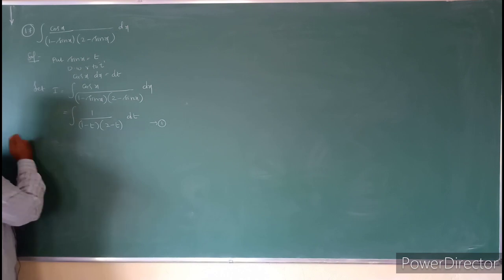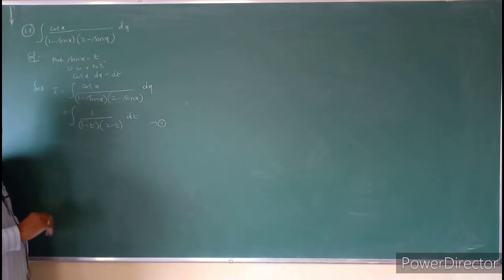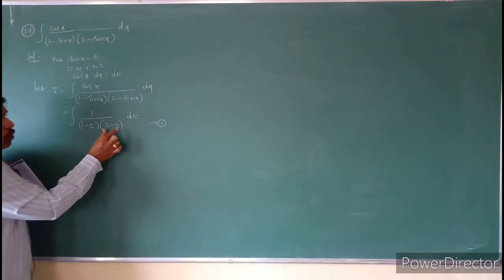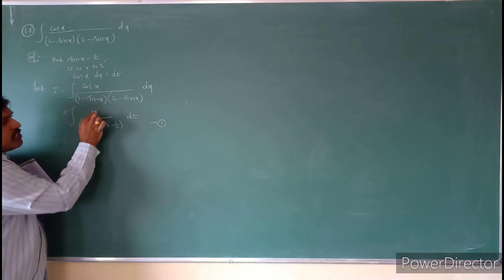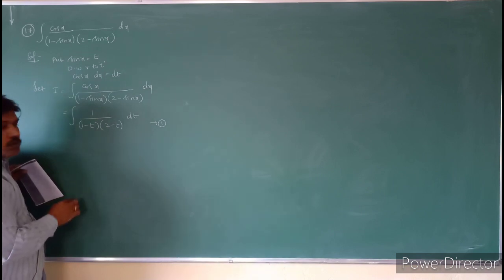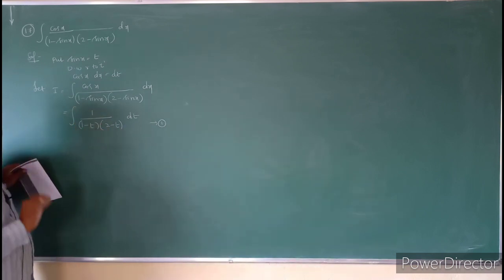So without using the partial fractions also, some questions we can do, if you know the idea. So what is that? 2 minus t and 1 minus t, the difference of these two is 1 in the numerator. Yes or no? So this 1 you can write as 2 minus t minus 1 minus t. So that is the partial fractions.